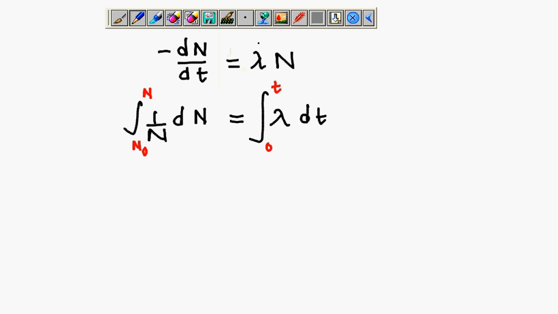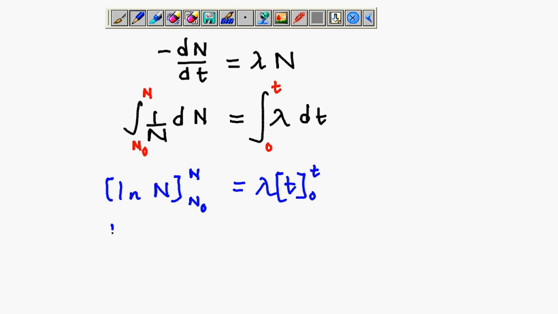So what we solve here is, you integrate 1 over N, you get ln N. It has to be from the boundary N naught to N, so this is lambda t, where t is from 0 to t. So what you have here is ln of N over N naught equals negative lambda t.